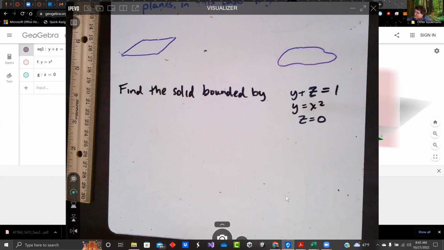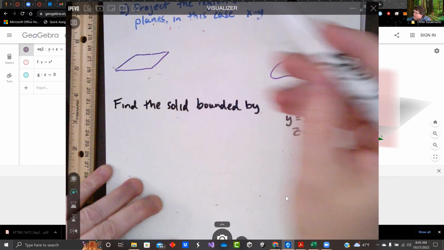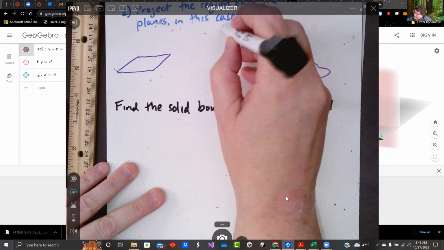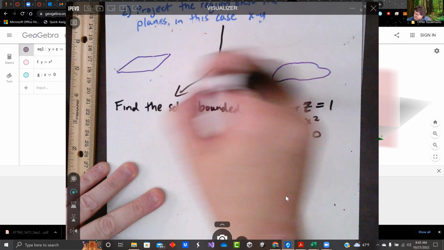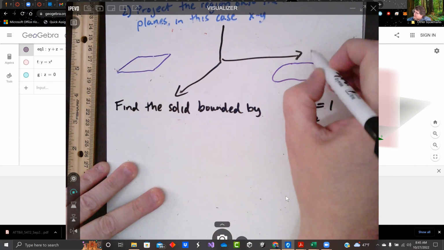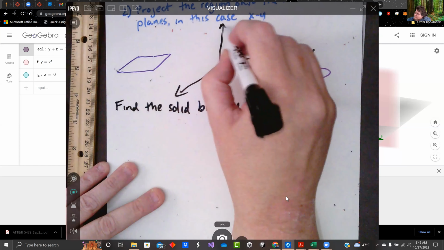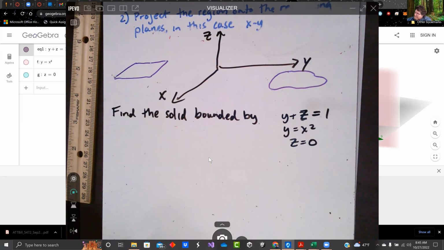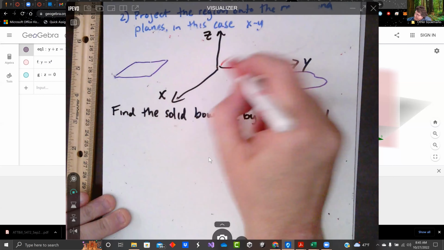Okay, so if I was gonna try to draw this, y equals x squared is a parabola like that.